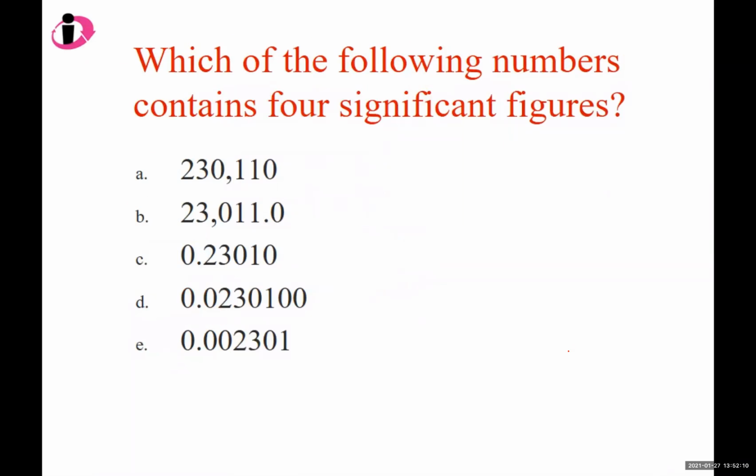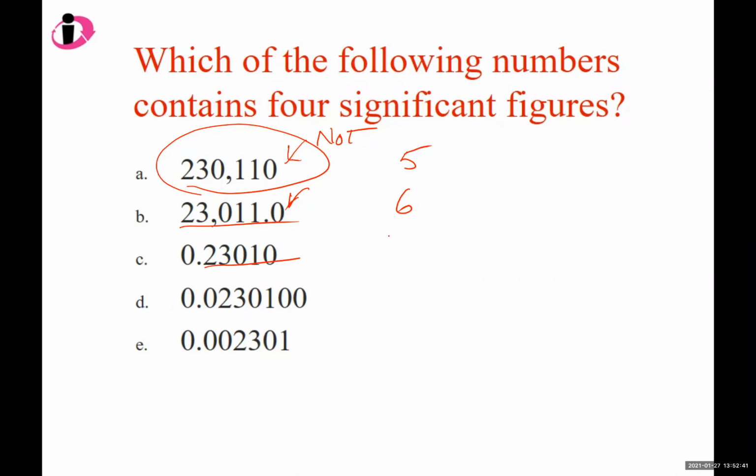Okay. Which of the following numbers contains 4 significant figures? How many here? Assume this is not, normally. Not significant. So can I say 5? How about here? Well, this is significant. So 1, 2, 3, 4, 5, 6 significant figures here.